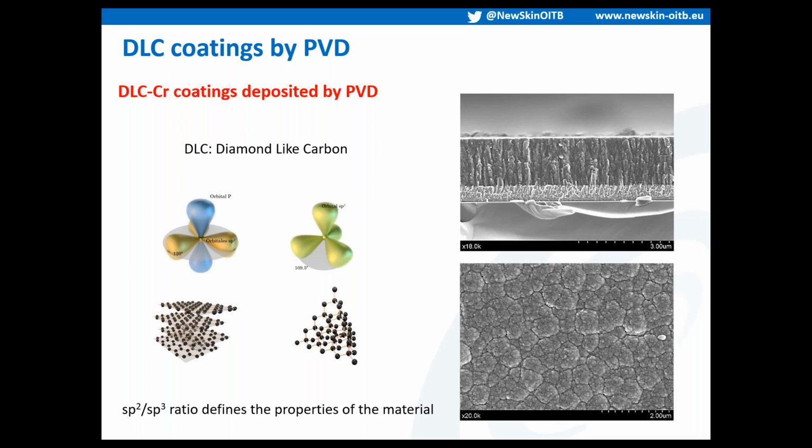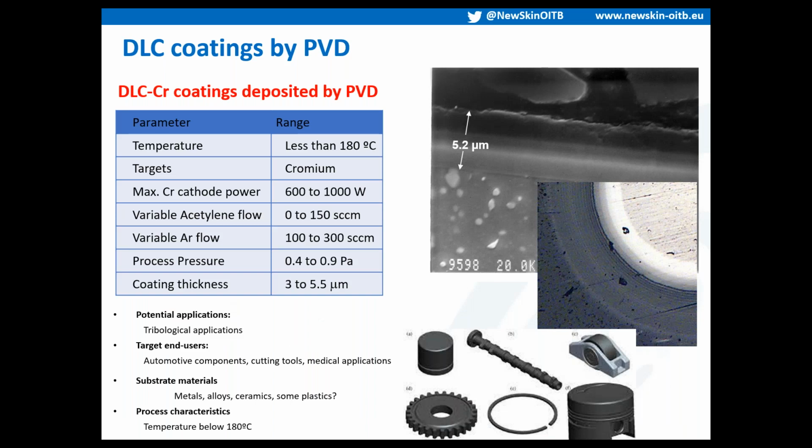If you produce a material with these two, in crystals, monocrystals, or amorphous structure, the ratio between sp2 and sp3 defines the properties of the material, the hardness, the lubricant properties, etc. So we are currently working on these coatings with this unit.